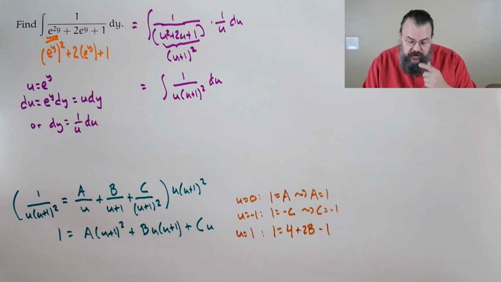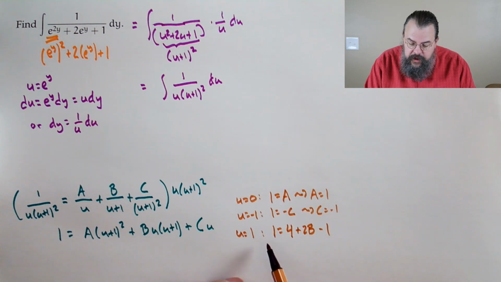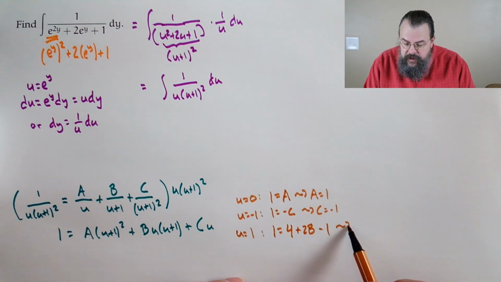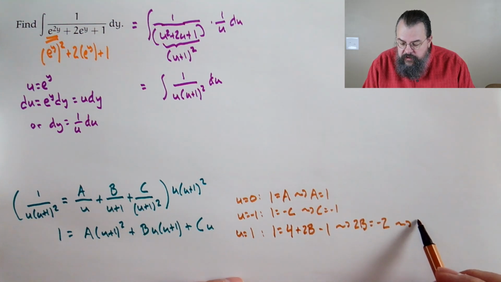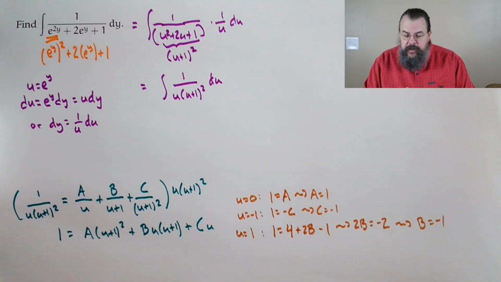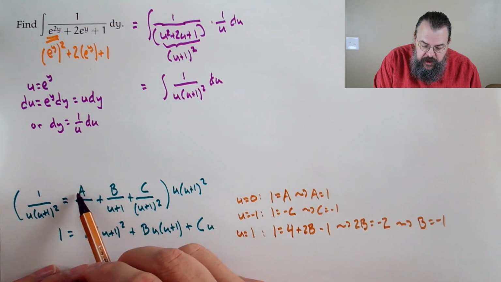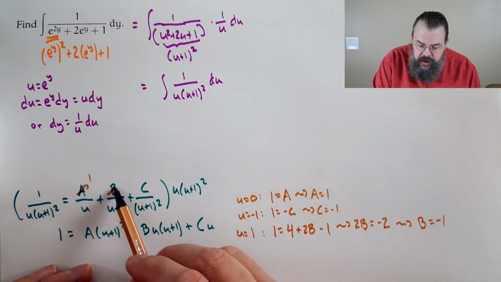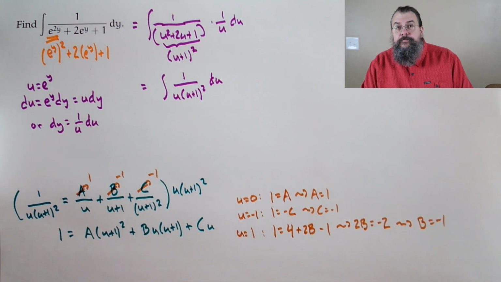All right, great. Well, now we move things around. So we can add 1, subtract 4, and we get 2B is minus 2. That tells us that B is minus 1. All right, great. So we know our A, B, C: A is 1, B is minus 1, and C is minus 1.